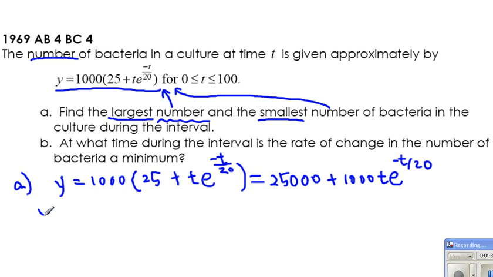Now, when we take the derivative of that, y prime, the first 25,000 will become 0, and this one we just have to go for the product rule.